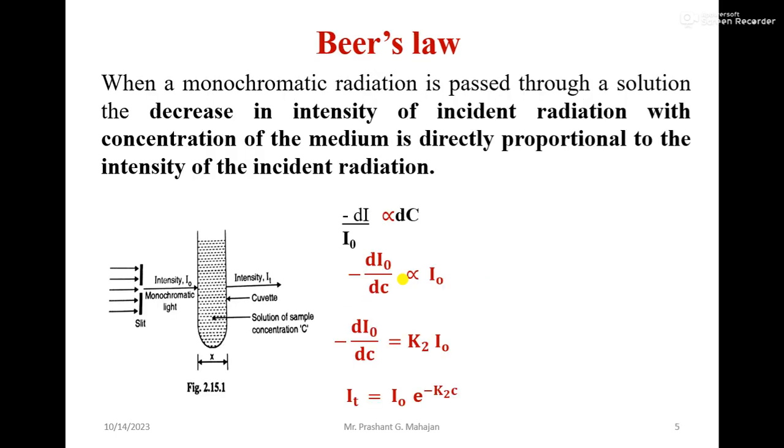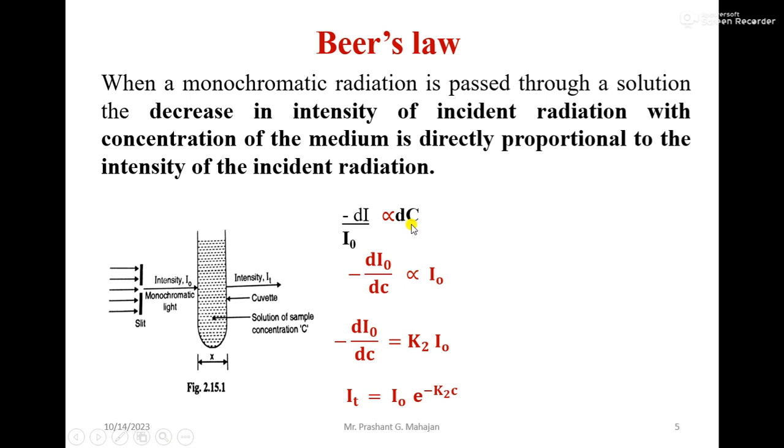The second law is Beer's law. It states that when a monochromatic radiation is passed through a solution, the decrease in the intensity of incident radiation with concentration of the medium is directly proportional to the intensity of incident radiation. That means minus dI upon I0 is directly proportional to dc.